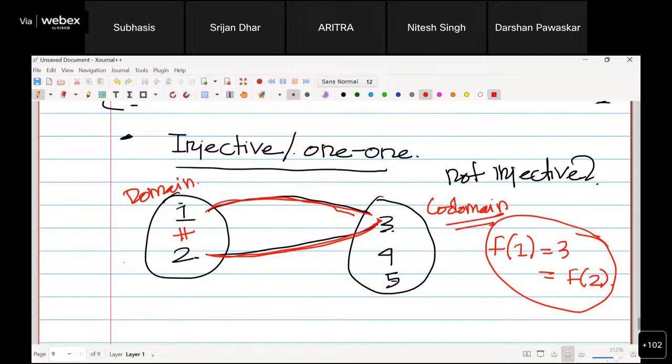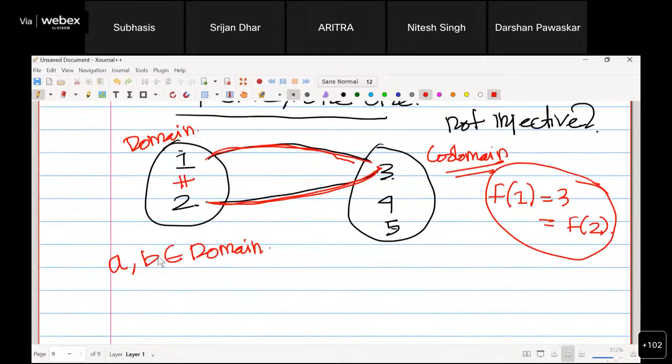because the definition of an injective function says that if I have two different elements in my domain, the images should be different. Then only I can say that my function is injective.